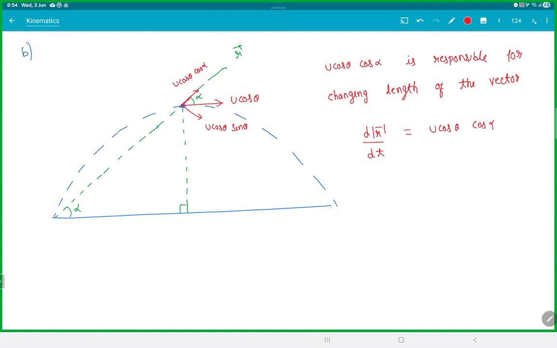And what is tan alpha? This is h max. This is r by 2, half of the range. So tan alpha will be h max by r by 2, which is 2h by r. Take that and substitute here, and you can simplify. I will leave it to you.